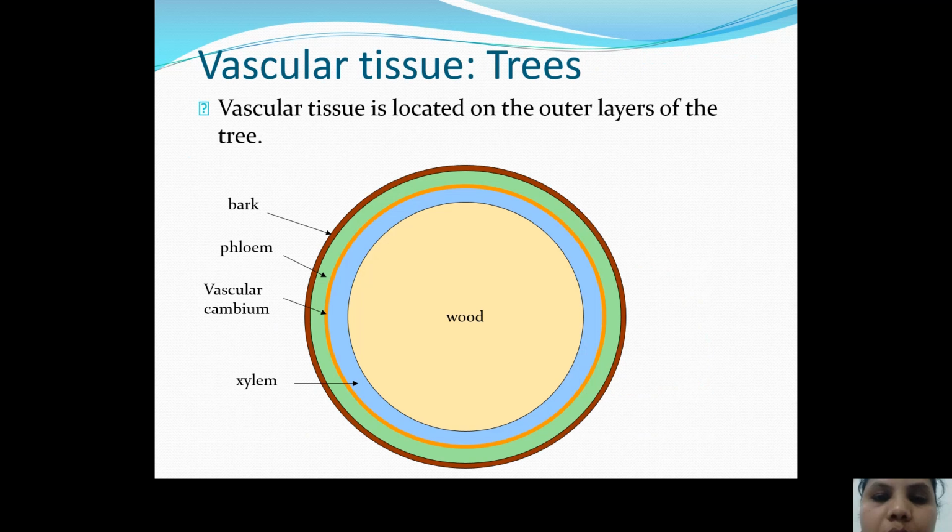This is how secondary growth activity produces wood. That is the secondary xylem towards the center, and how the xylem and phloem are crushed and the bark is replaced with the epidermis, and the vascular cambium is clearly visible.